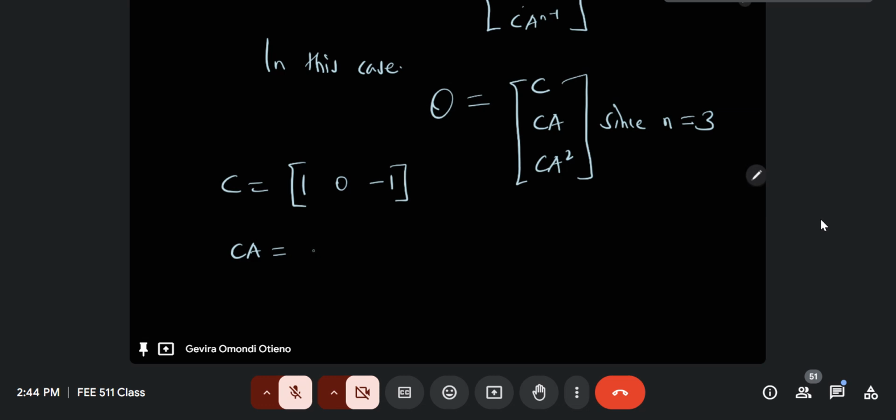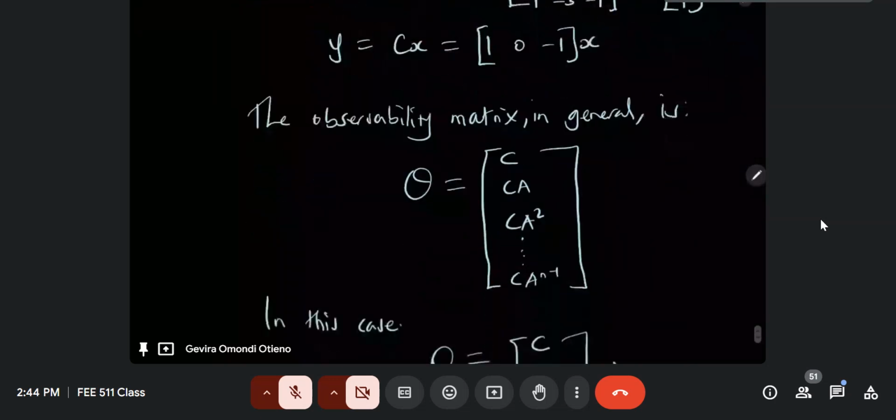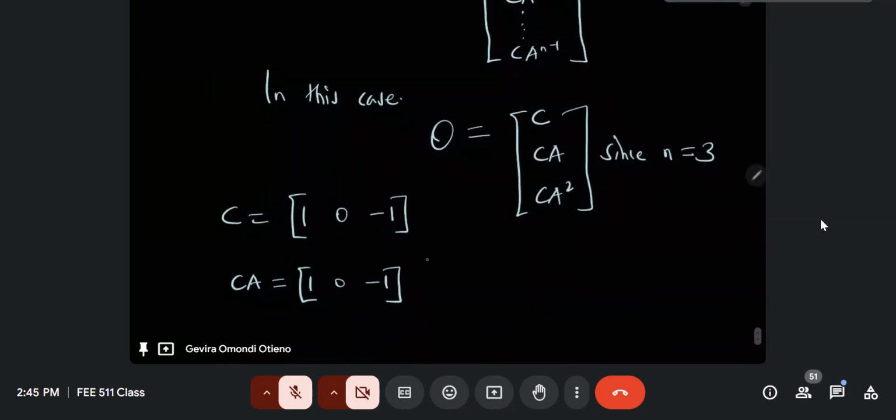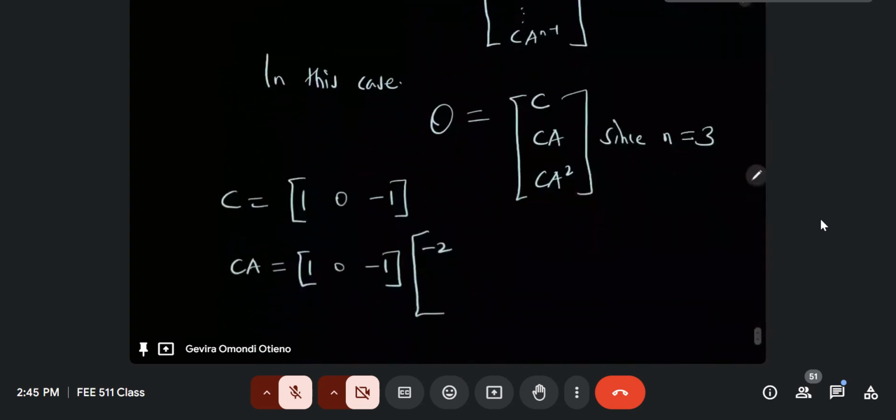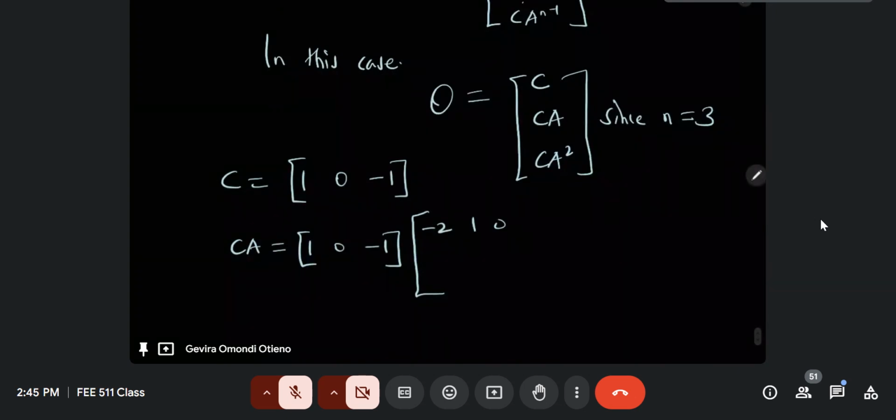And CA would therefore be 1, 0, minus 1 multiplied by A. And A is given as a 3 by 3 matrix: minus 2, 2, 1; 0, 1, 2; 1, 3, 1. Okay. So this is a 1 by 3 and a 3 by 3. So we should get a 1 by 3 actually.